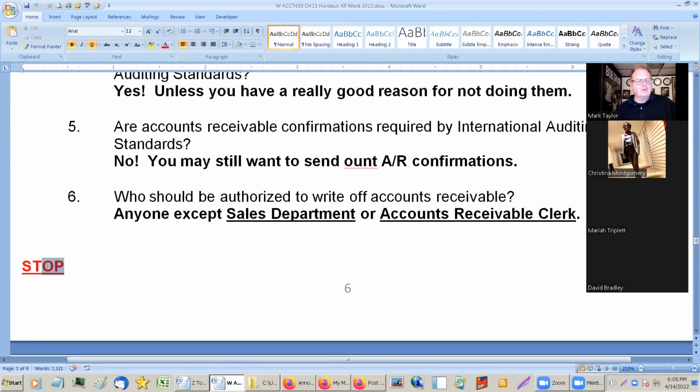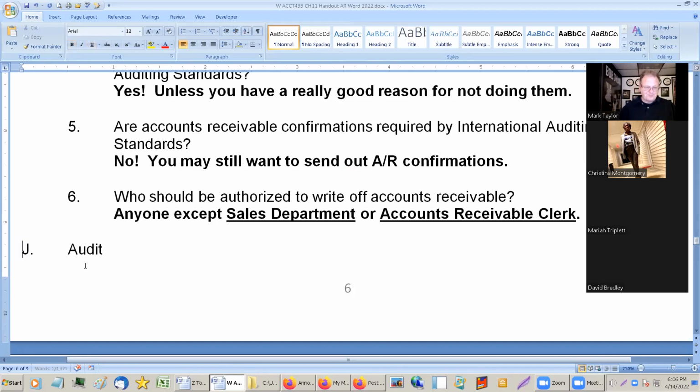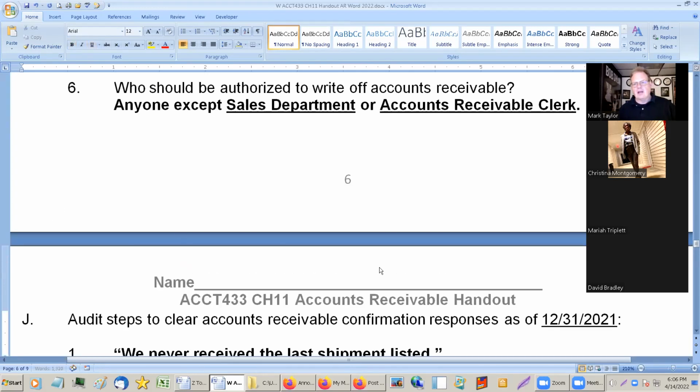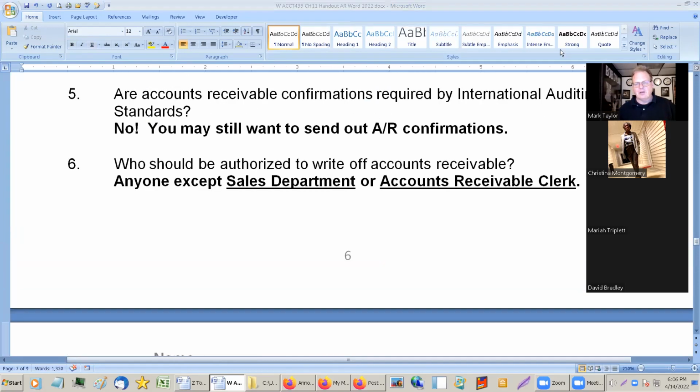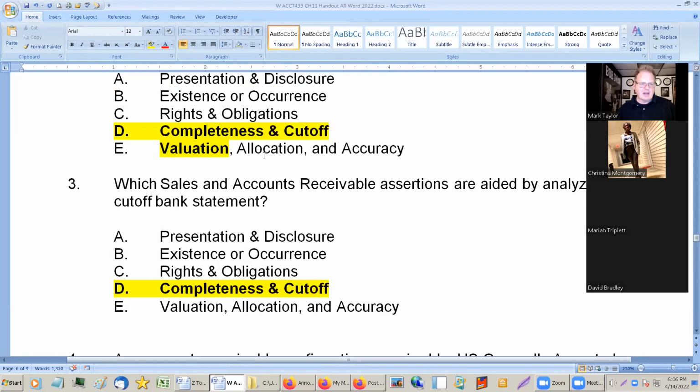Okay, so we ended up with the confirmations. And you recall that we had the negative and the positive confirmations.